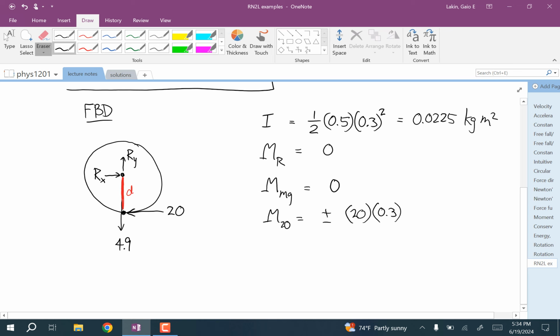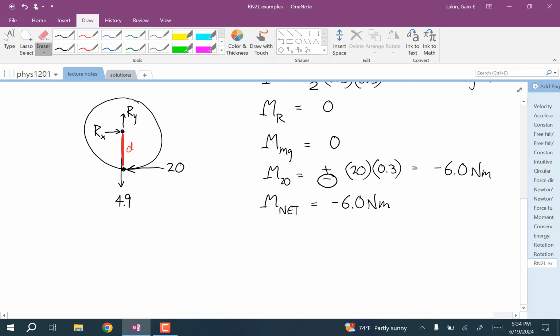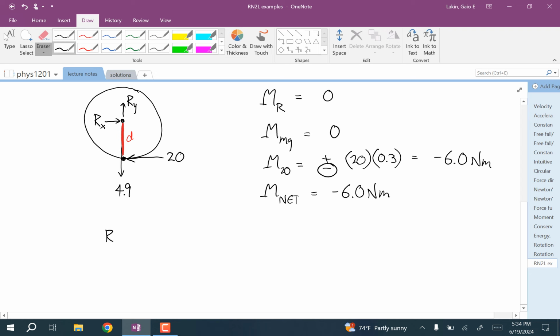With the hinge at the center, a force here in this direction will make it rotate clockwise. So we're going to take the negative, and this gives us negative 6.0 Newton meters. And so the net moment, the net torque, is the sum of these three things, and so that's equal to negative 6 Newton meters.